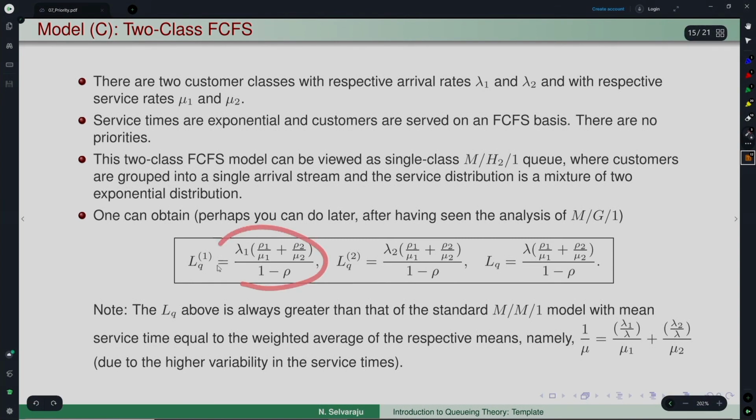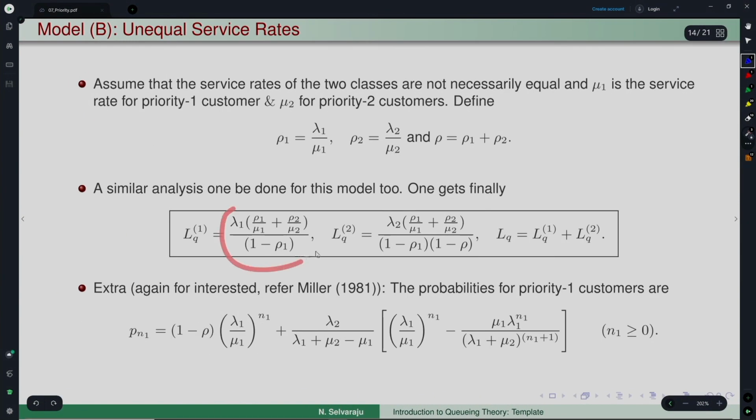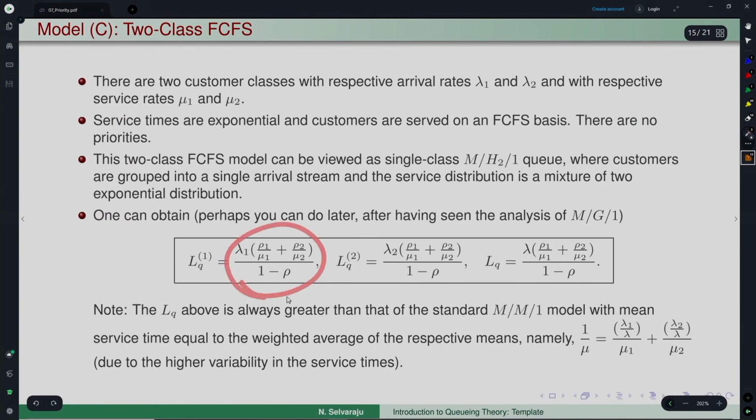Now, what we are getting here is the mean number of priority 1 customers, the mean number of priority 2 customers, both of them in the queue, and this is the total number. So, you can look at what is happening here and what is happening in this particular case.